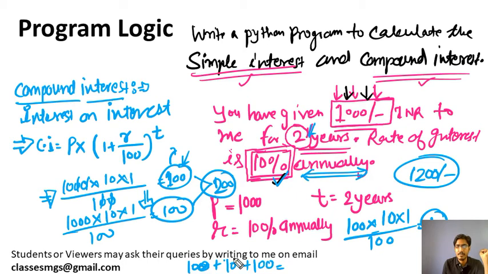So at the end of 2 years I need to pay 210 rupees of interest in case of compound interest. In case of simple interest, I only need to pay 200 rupees. So this is how compound interest works.